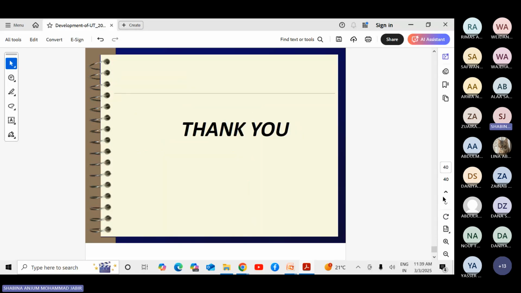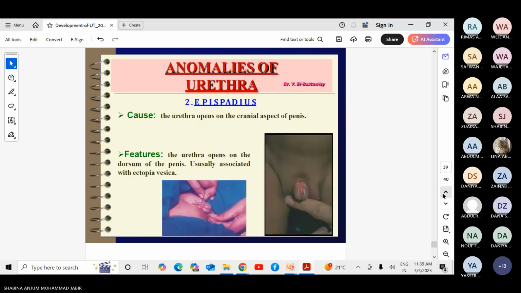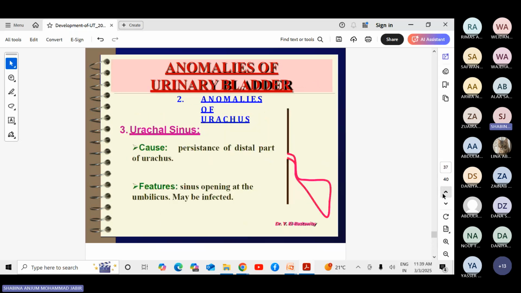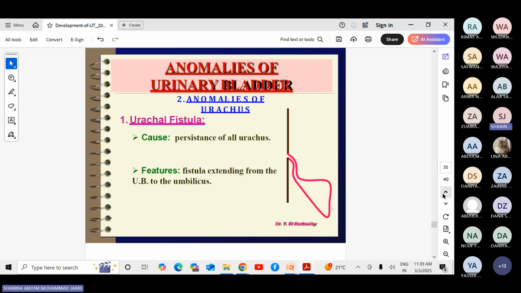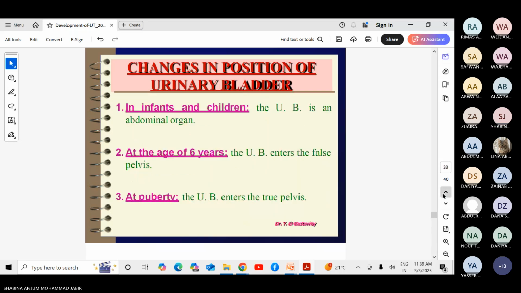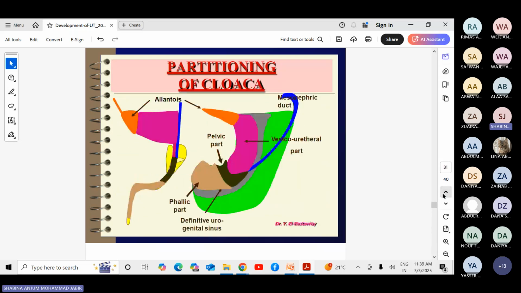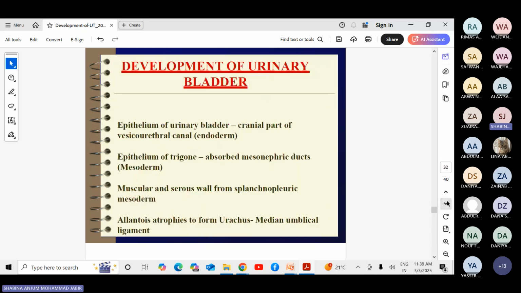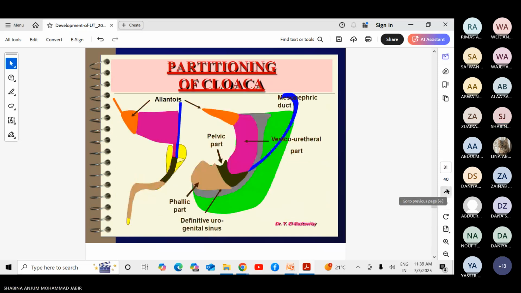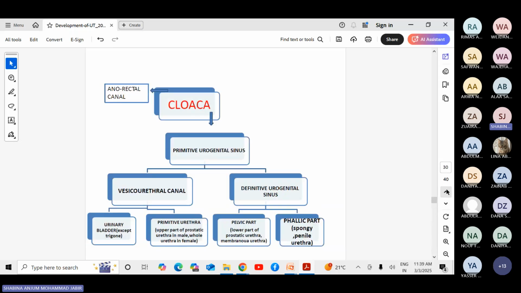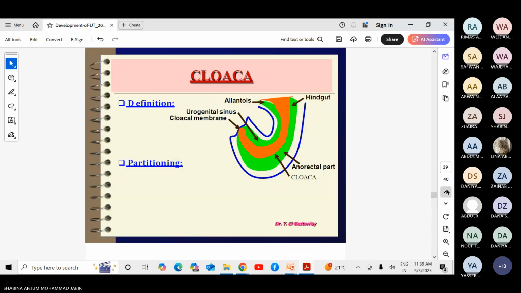Okay, so we finish here. Do you want me to repeat anything, because I went a little fast to complete it? So what is important here? The development of the urinary bladder. Then the cloaca, which we already know is very important. If you try to memorize, you can memorize all of the cloaca.